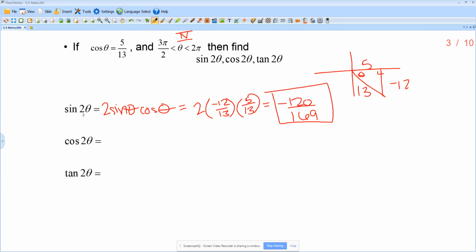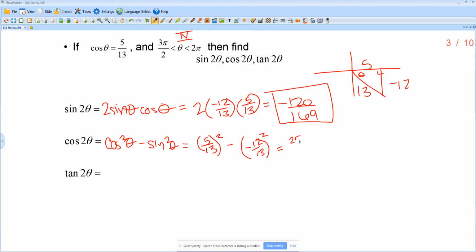The cosine of 2 theta, I'm just going to use the first of those formulas, cosine squared theta minus sine squared theta. So when I'm doing cosine squared, I take the cosine, 5/13, and I square that, minus I take the sine, negative 12/13, and I square that. 5/13, when I square that, I square the top and bottom separately.